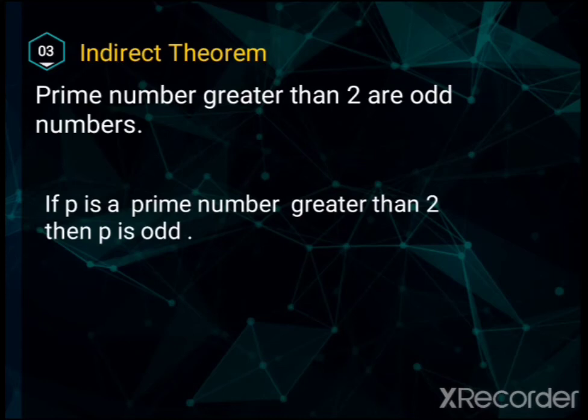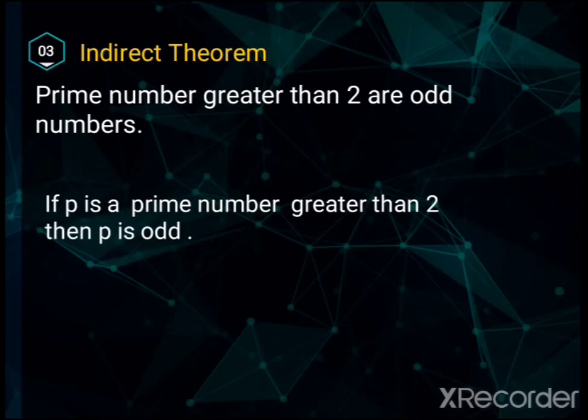Here I convert this statement into a conditional statement. The numbers are prime numbers, therefore I use the letter P. So if P is a prime number greater than 2, then P is an odd number. So this is the conditional statement.